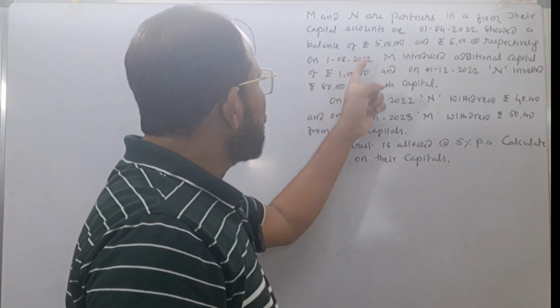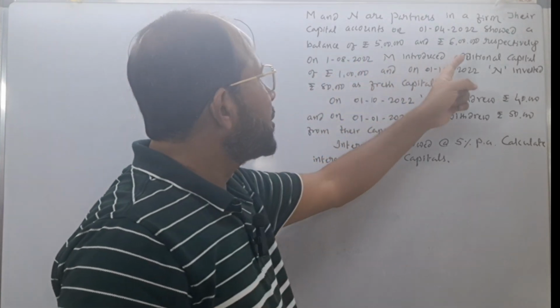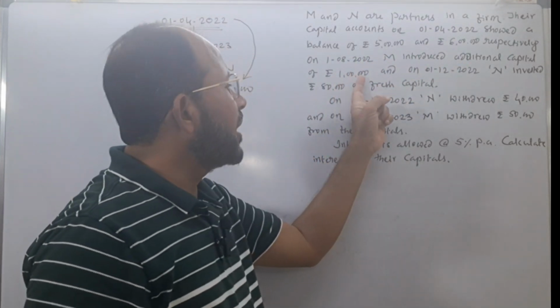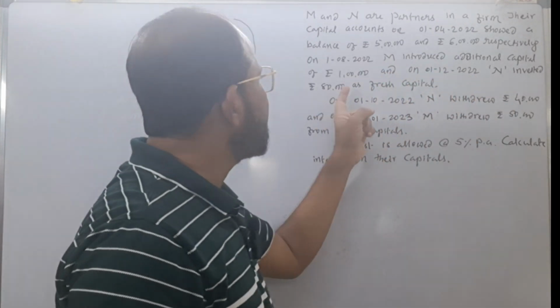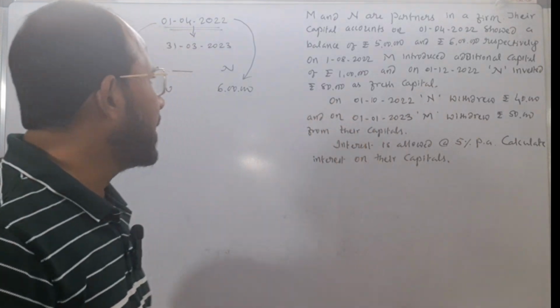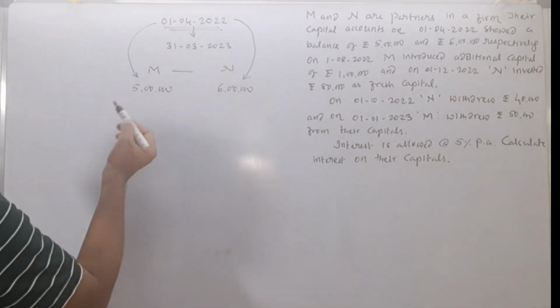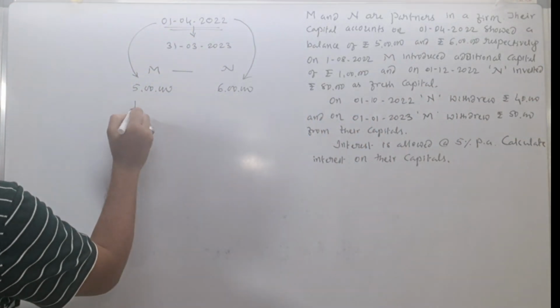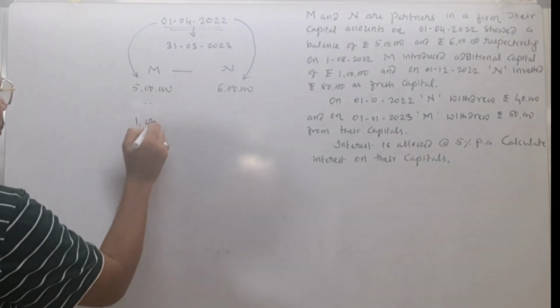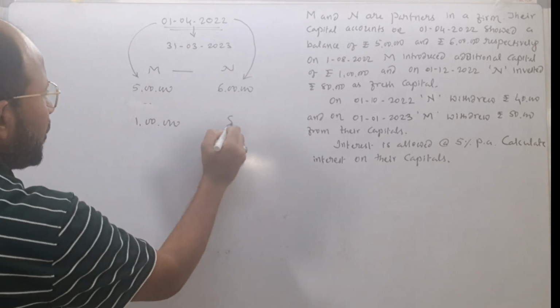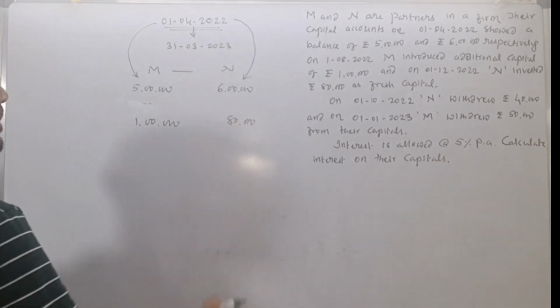On 1st August 2022, M introduced additional capital of rupees 1 lakh, and on 1st December 2022, N invested rupees 80,000 as fresh capital. Here fresh capital was invested by partners. Rupees 1 lakh is the fresh capital invested by M. Next one, this fellow invested rupees how much?